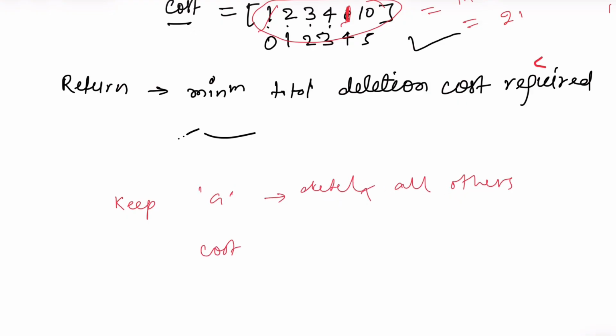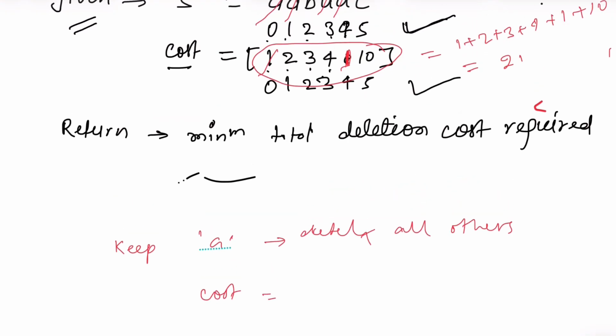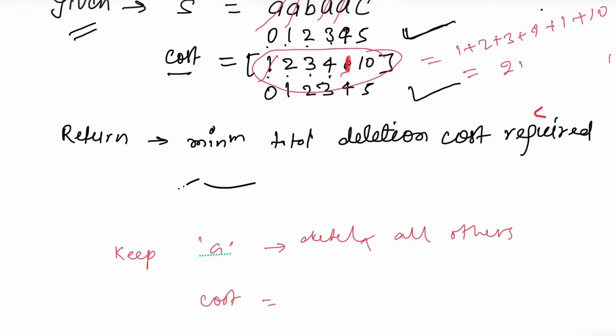If we keep all of them, we have to take the cost. So 21 minus 1 plus 2 plus 4 plus 1. These are the things for A we have. So total becomes 21 minus 8, approximately 13.